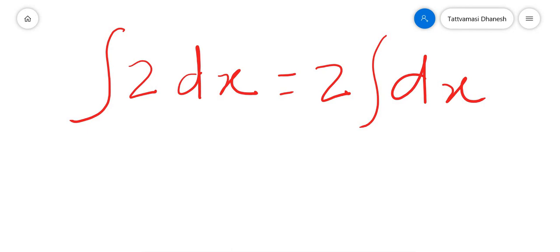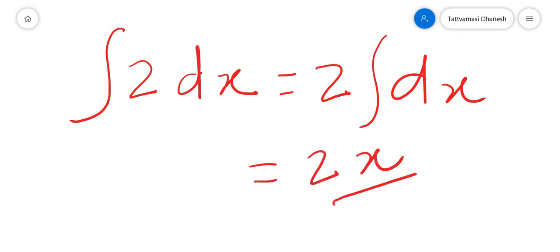When you add dx, you will get x. dx means a small fraction of x. When you combine all small fractions of dx, you will get x. So you need to understand the integral of dx is x.